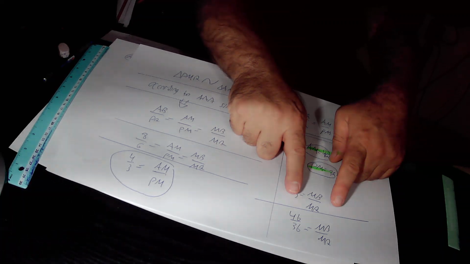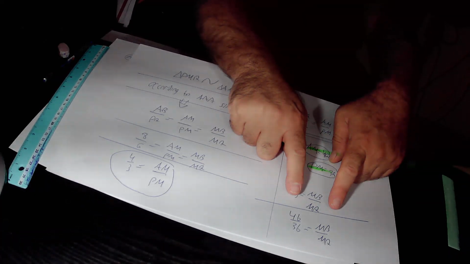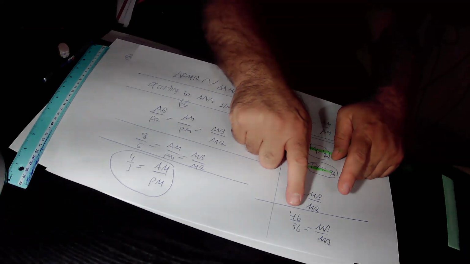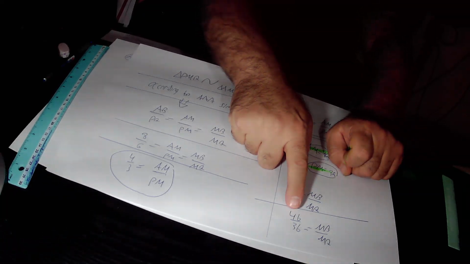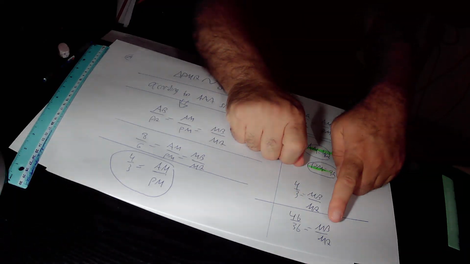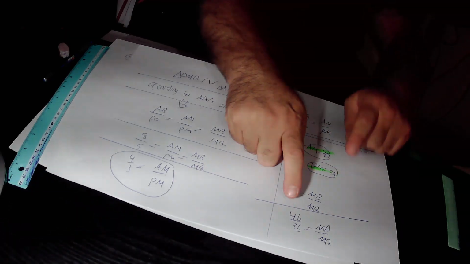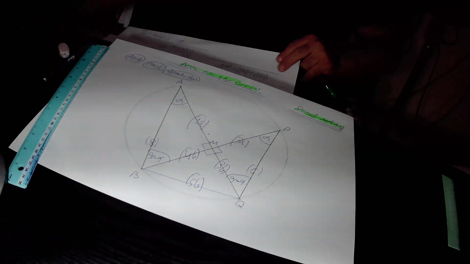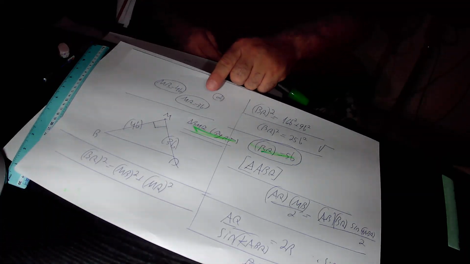So the numerator 4b on this side of the equation must be equal to the numerator of this side of the equation, that is to say 4b equals MB, and the denominator on this side of the equation must be equal to the denominator of this side of the equation, that is to say 3b equals MQ. So in total we found out that MB equals 4b, MQ equals 3b.